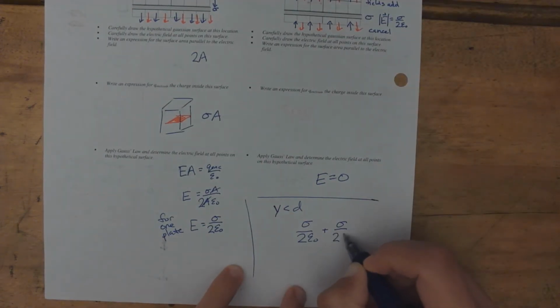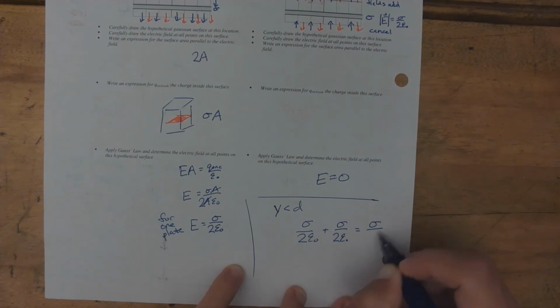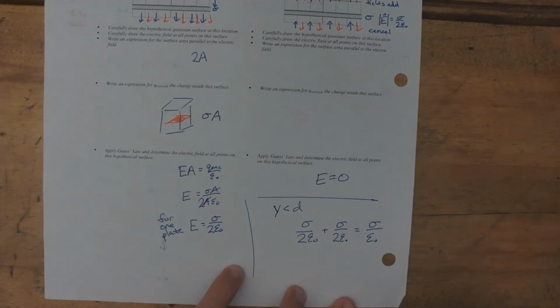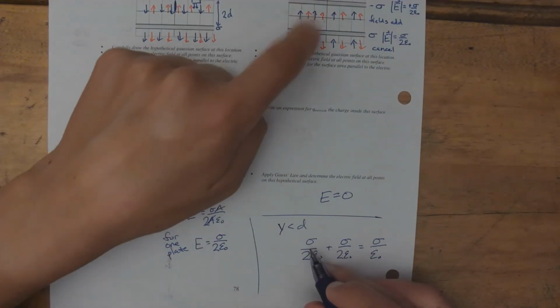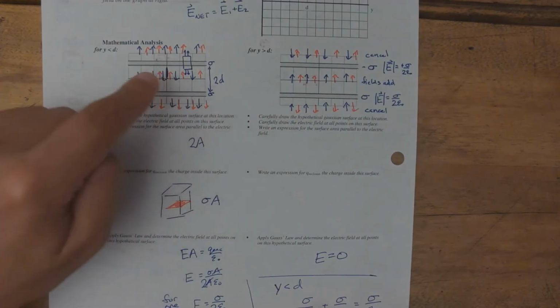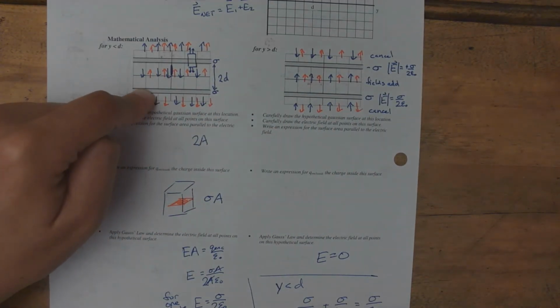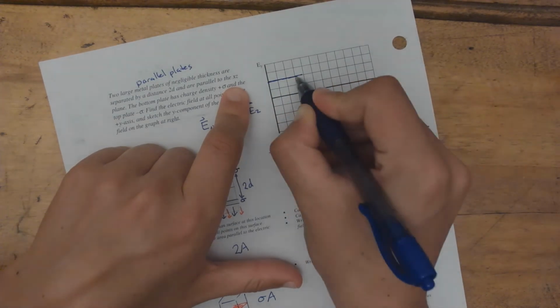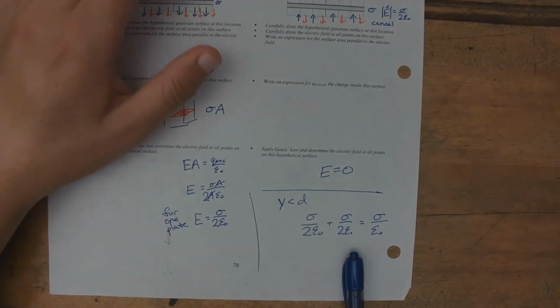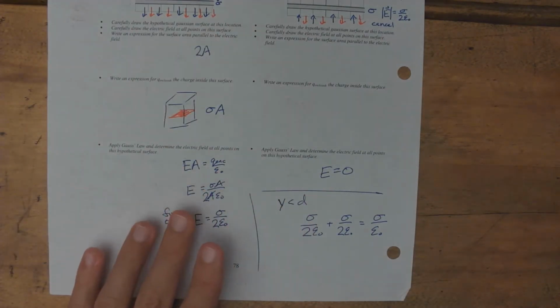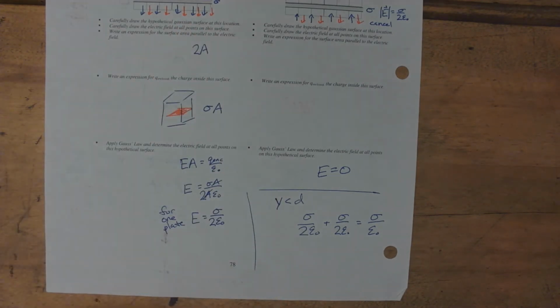So sigma over 2 epsilon naught plus sigma over 2 epsilon naught is sigma over epsilon naught. This is in between the two plates because they have opposite sign. If they had the same sign, the fields would cancel out in between the two plates, like I incorrectly did over here. So when y is less than d, we get this, it's constant. And when we're outside the two plates, it's 0. Okay, so this is the electric field for parallel plates, where each plate has a charge of sigma. And that concludes the electric field section.